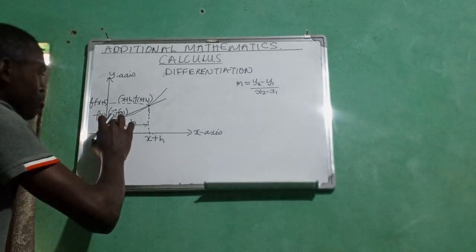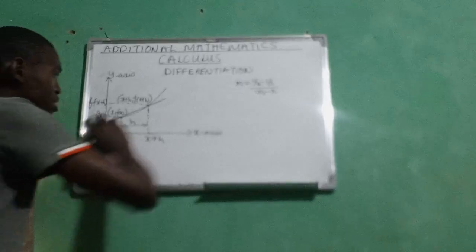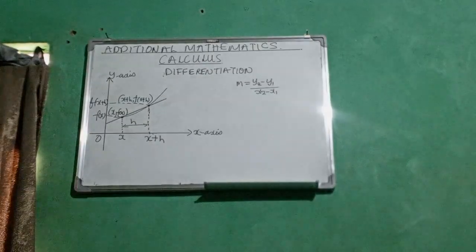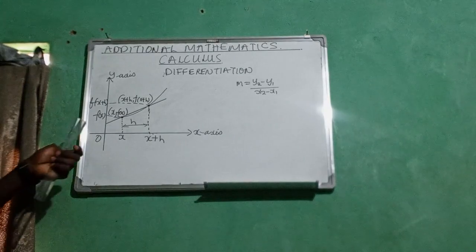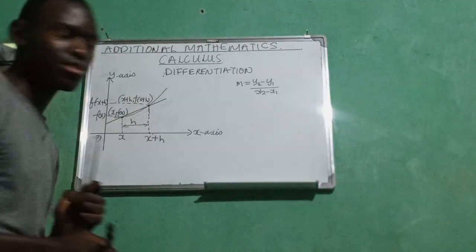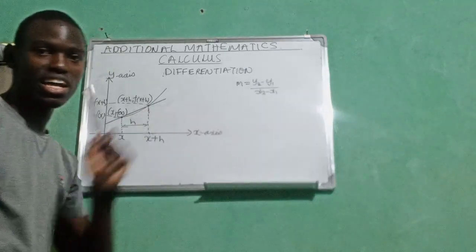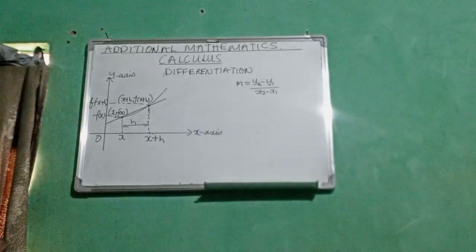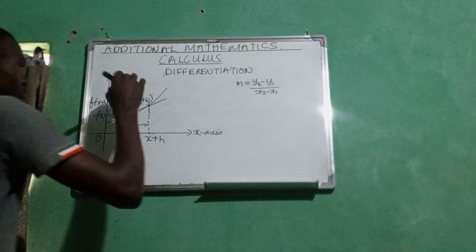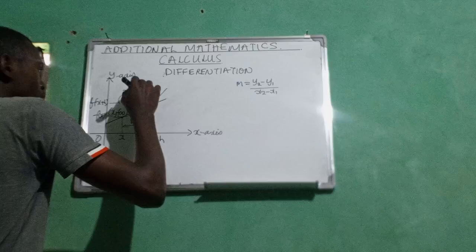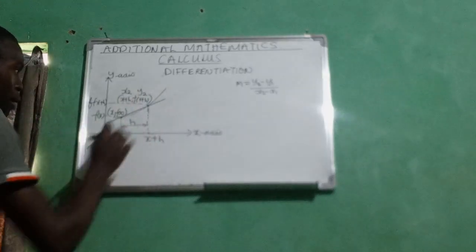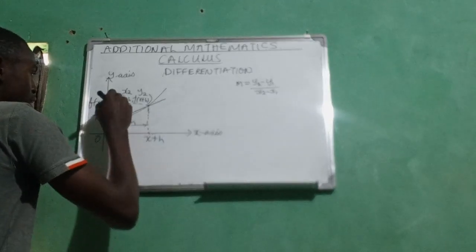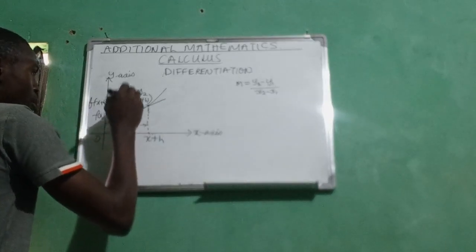Since we have drawn these 2 points, we want to find the gradient of this line, because these 2 points are along this line. Let's say this is our x2, y2, because we came up with these points by adding this h. Then this is our x1, y1.